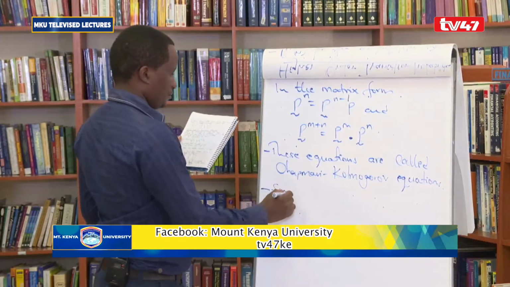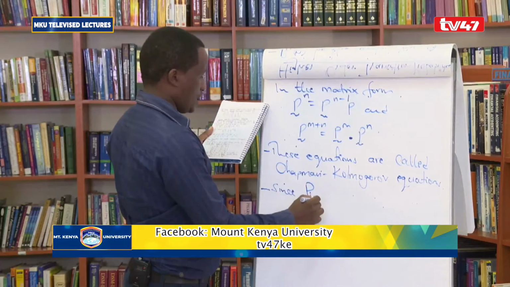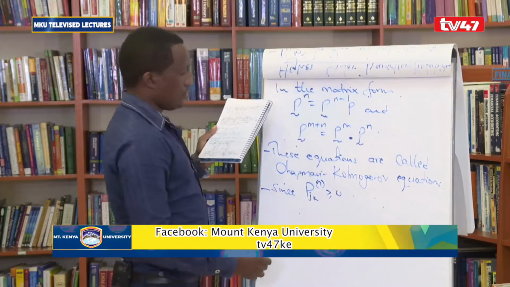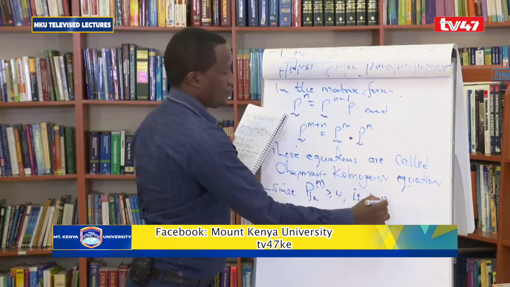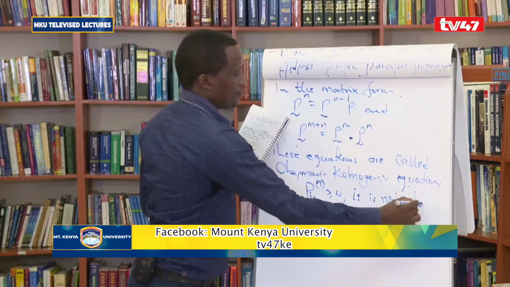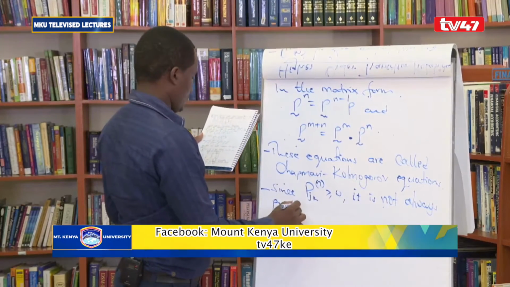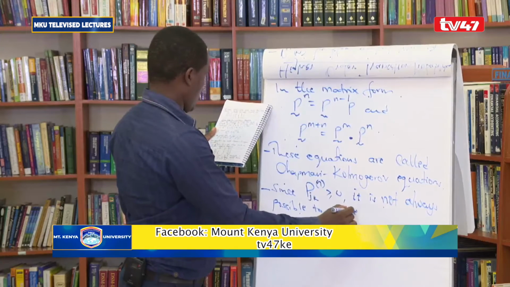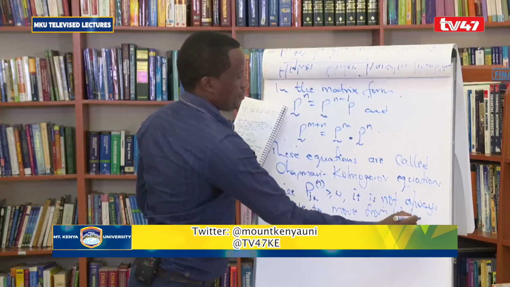Since p_jk^(n) should be greater than or equal to 0, it is not always possible to move from state to state.